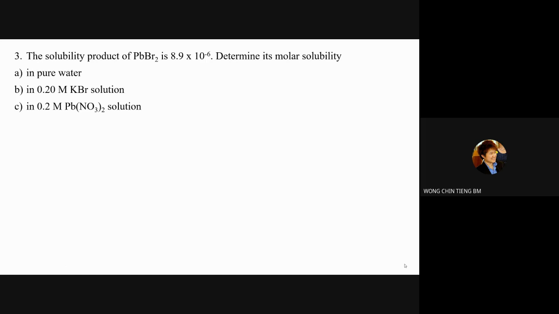Soalan yang exactly the same. Satu je beza. Tadi AgBr semua adalah 1-to-1. Kat sini adalah PbBr2, so kita ada square root kat situ. Okay. Yang tu je beza dia. Cuba buat, termasuk A dengan B, dua-dua sekali.